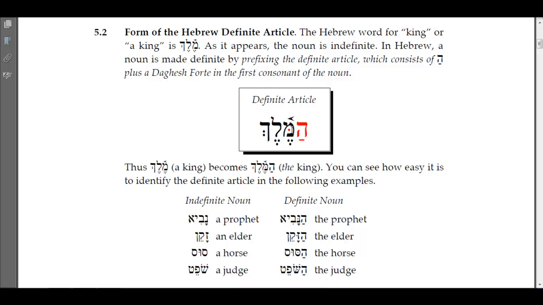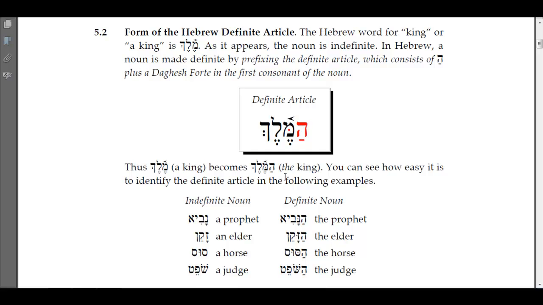That's a double dagesh, as we've learned in the previous lessons. It is a non-begadkefat letter, so it has to be a dagesh forte. These three things are the sign: the hey, the patach, and the dot, the dagesh forte in the mem. Thus, king becomes the king, attached here.